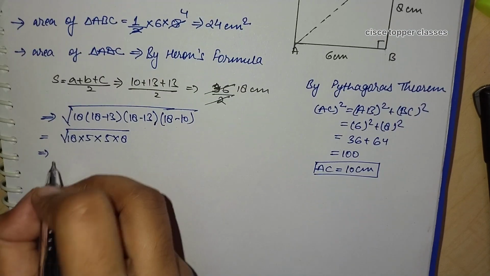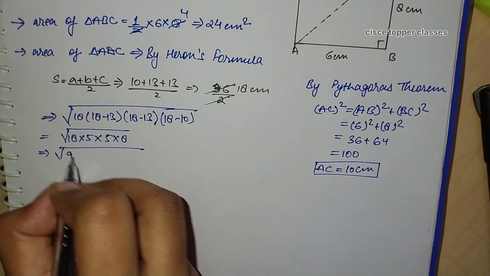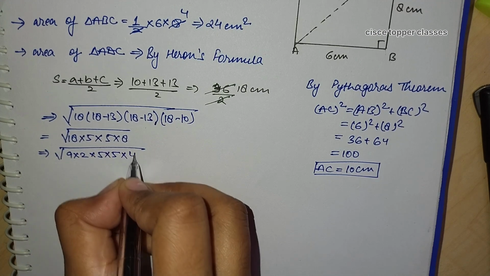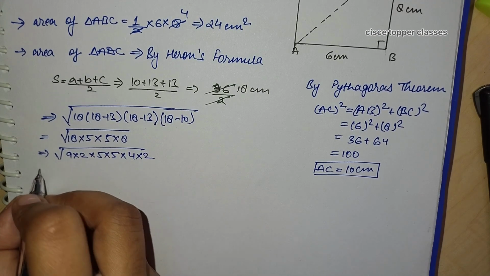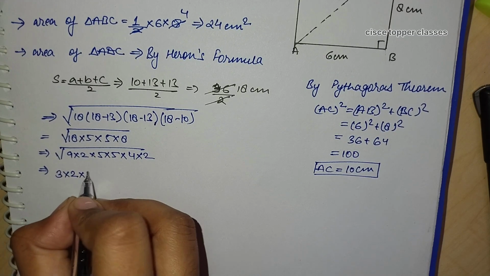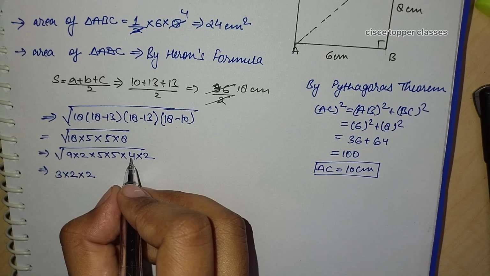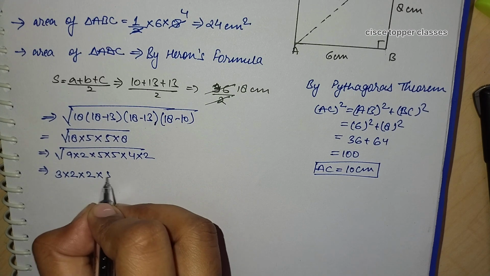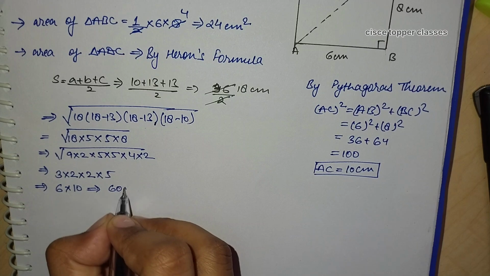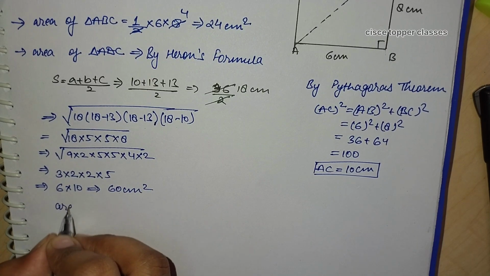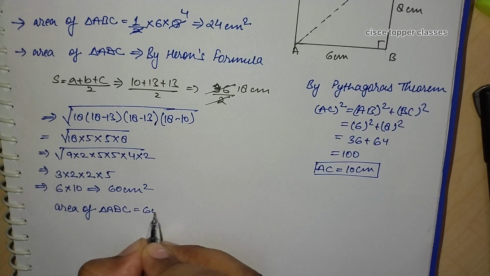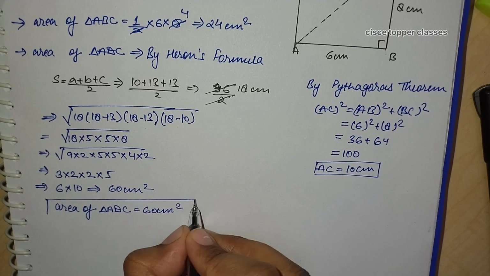So we can write this part as 9 into 2 into 5 into 5 into 4 into 2. So it will be 3 into 2 into 2, because 4 is 2 into 2, and into 5. So this will be 6 into 10, which means 60 centimeter square is the area of triangle ADC.